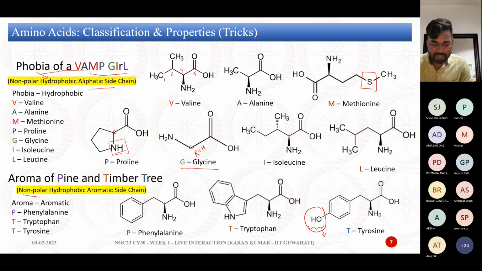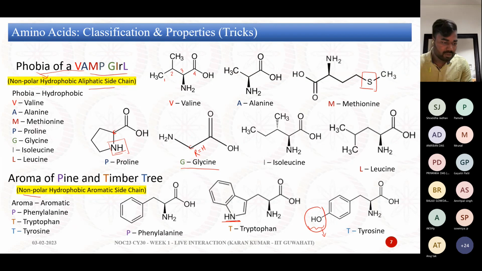Tryptophan has higher conjugation than phenylalanine, and it also has a heteroatom in its side chain. Because of this heteroatom, the carbon-nitrogen electronegativity difference makes it more polar than phenylalanine.